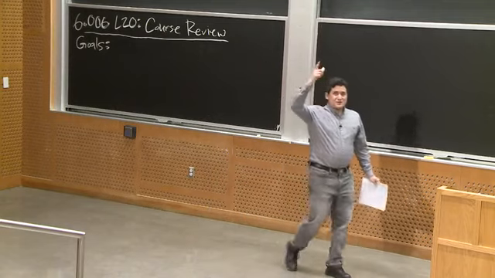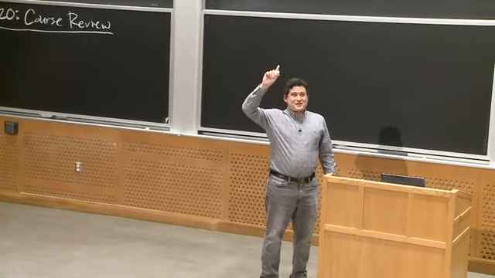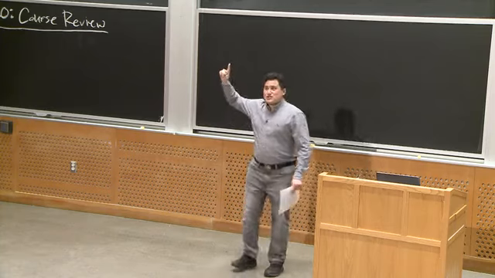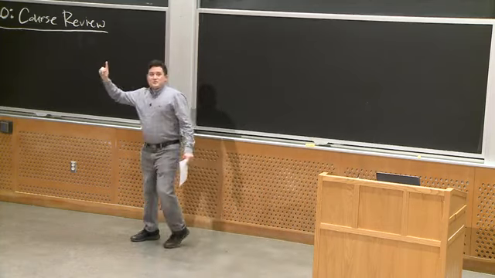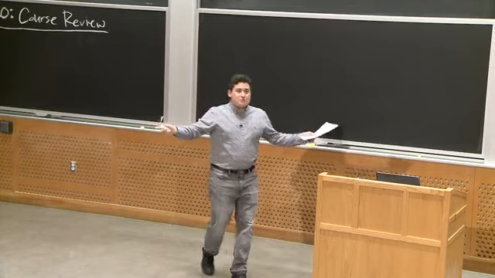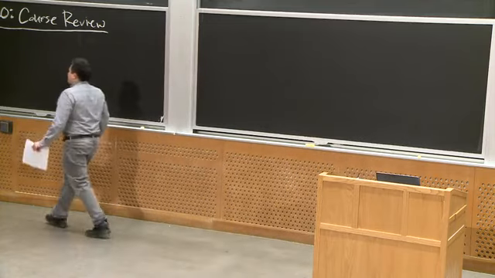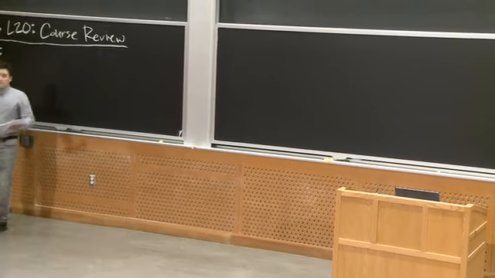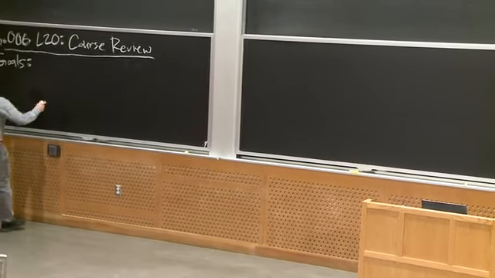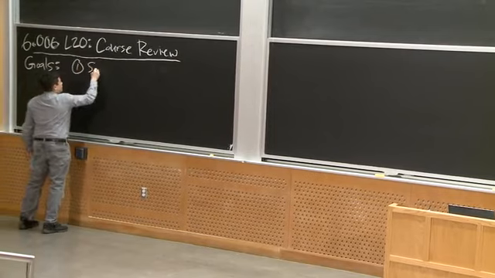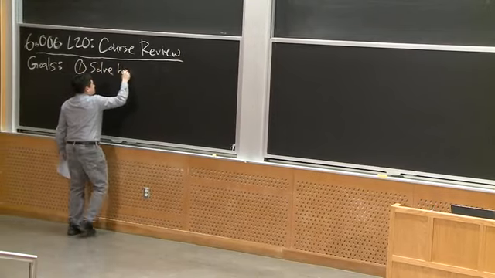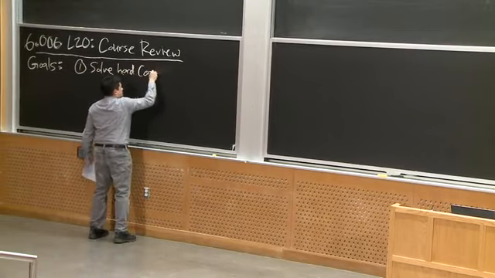The first one was to solve hard computational problems, right? To be able to solve problems, okay? So this is kind of like the let's make an algorithm part of the course, right? 1, solve hard computational problems.